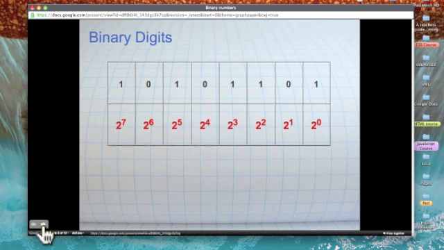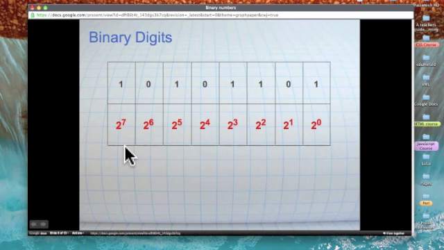Again, starting from the right and working our way to the left, each place has a value based upon the number base. And this time, the number base is 2. So it would be 2 to the 0th, 2 to the 1st, 2 to the 2nd, to the 3rd, to the 4th, to the 5th, 6th, and 7th.